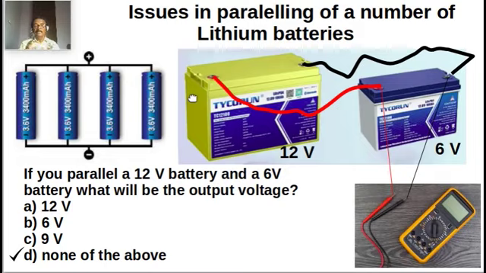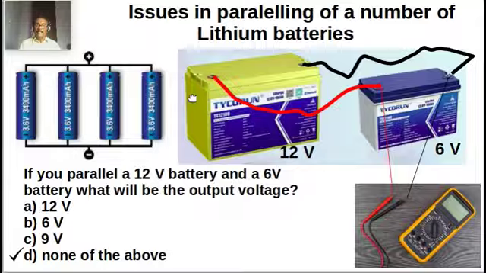To consider that, first let us understand what will happen if you connect two batteries in parallel. Let us take an example. Take a car battery of 12 volt and a car battery of 6 volt and connect them in parallel. What will be the final output voltage?